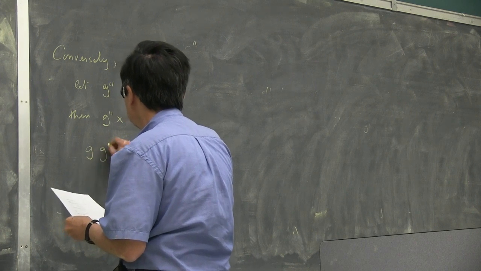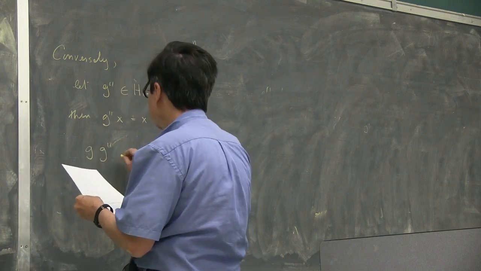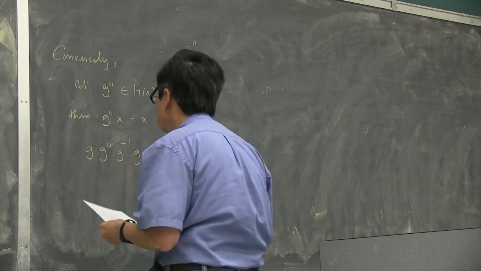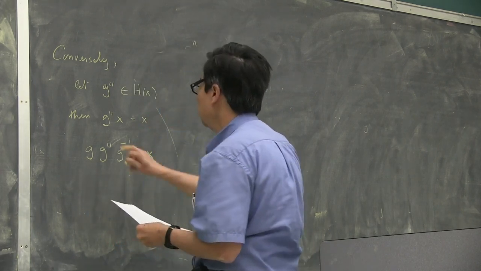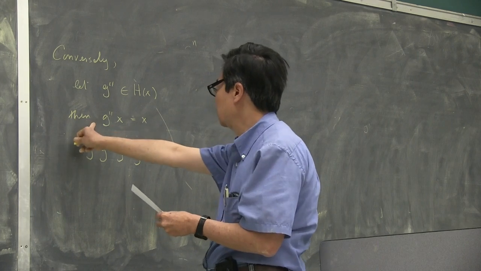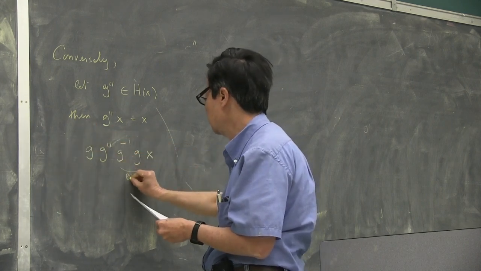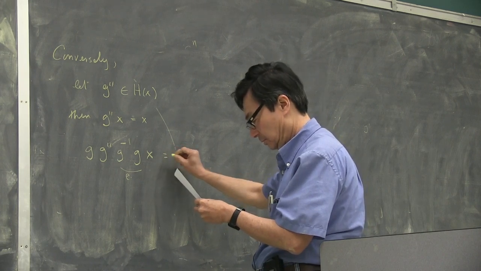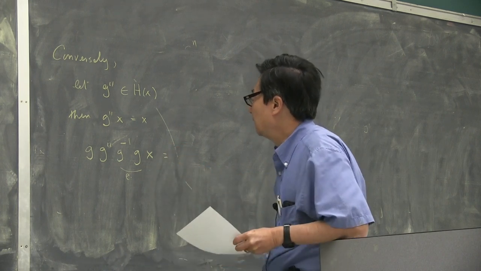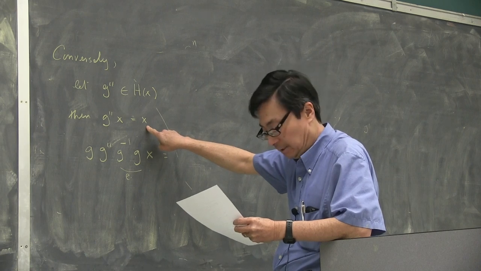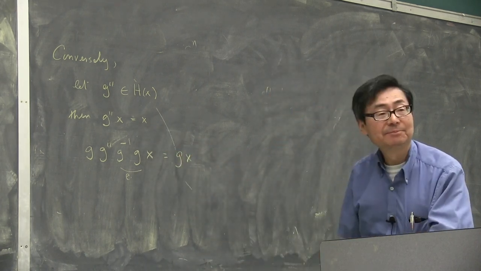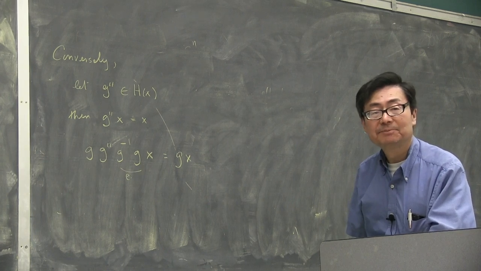G double prime, G inverse, Gx. That's obtained by multiplying by G on the left-hand side, because this is equal to E. Okay? So must be equal to Gx. Okay? Is that right?